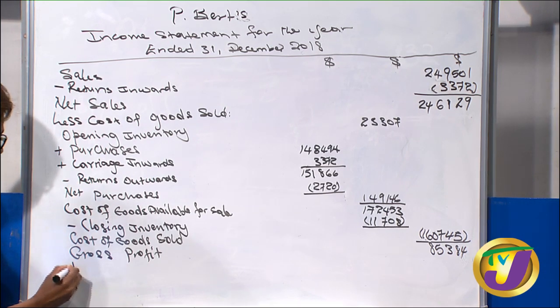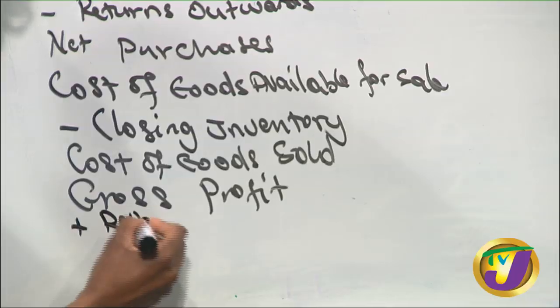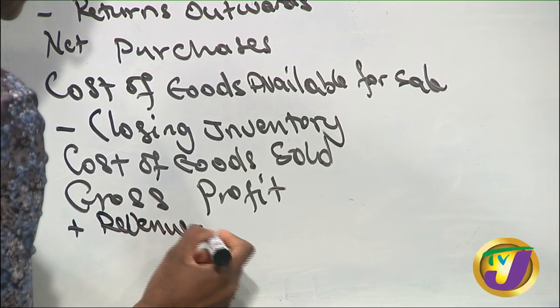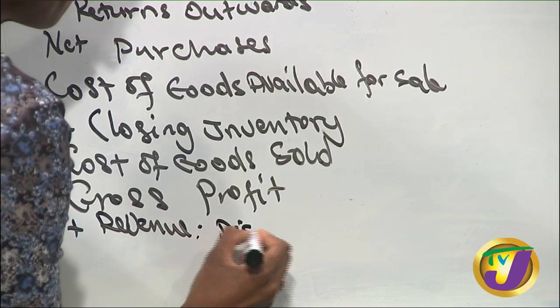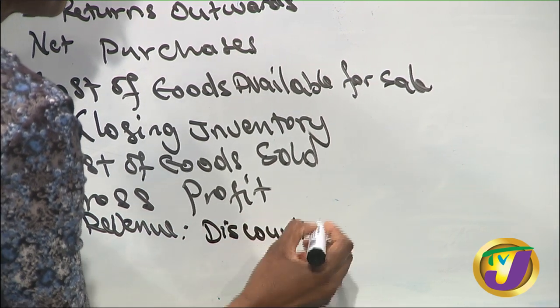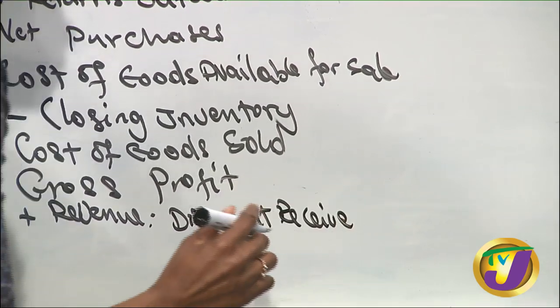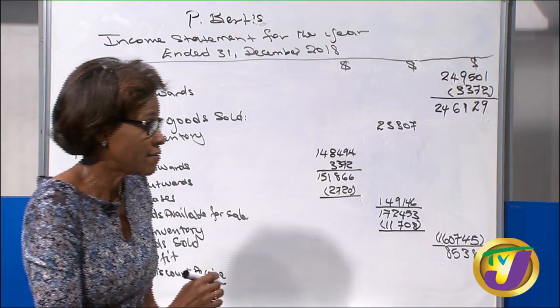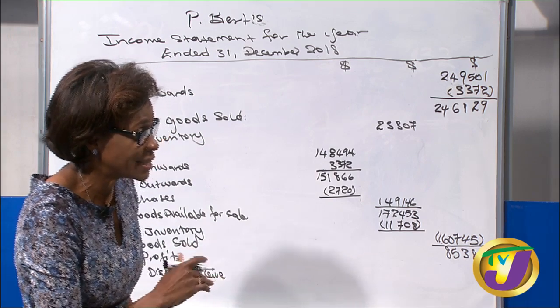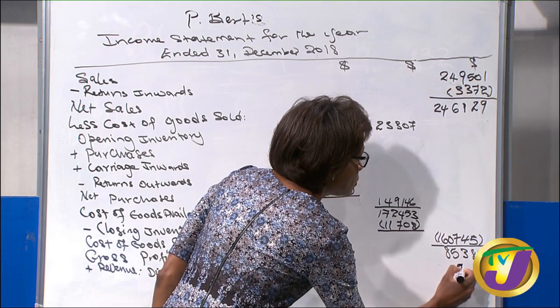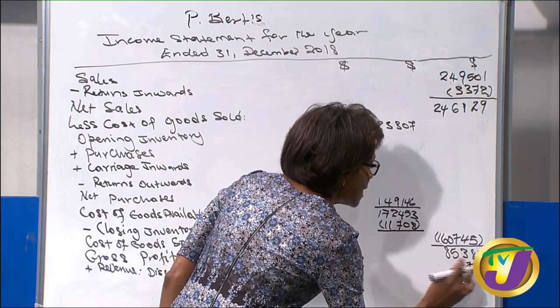So this is going to be increasing our gross profit. In this case, we are going to add revenue. And the revenue is discount received. And our discount received that we get during the period is $971.